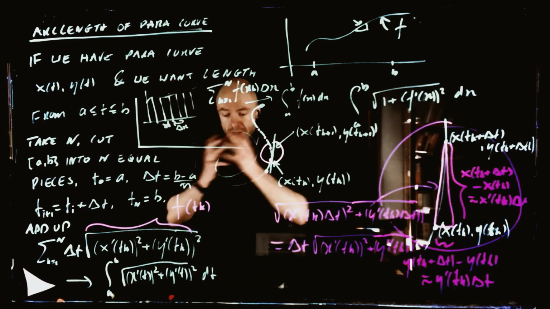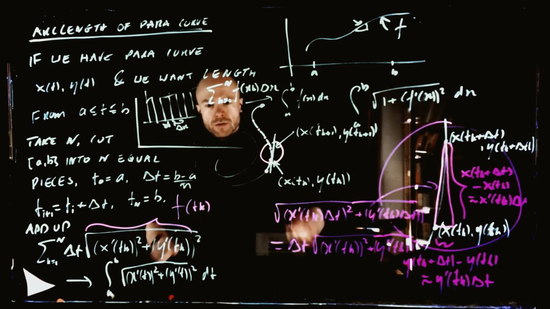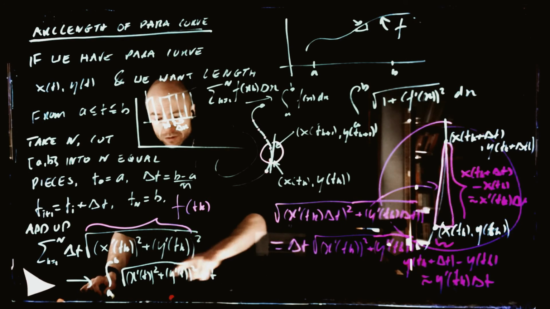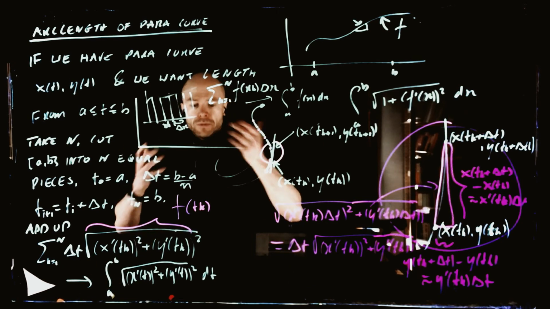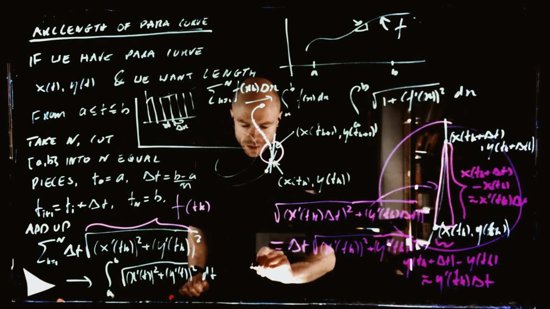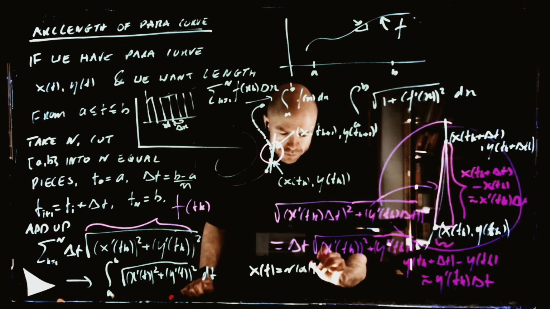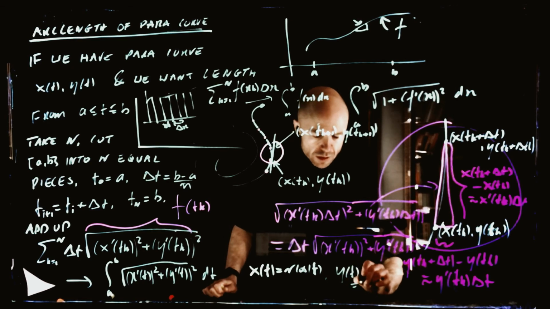Cool. So with this formula, it's rather easy to just calculate the arc length of any curve. So an example for yourself, just use this to calculate the arc length of a circle of radius r, right? You can find the parameterization, so you know that x of t equals cosine of t, y of t equals sine of t.